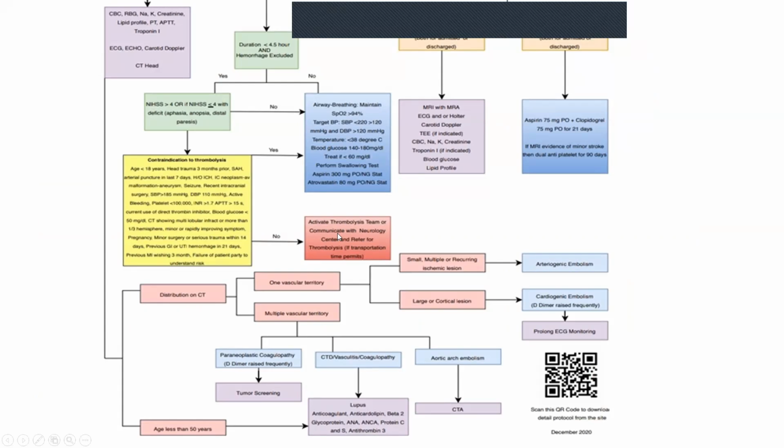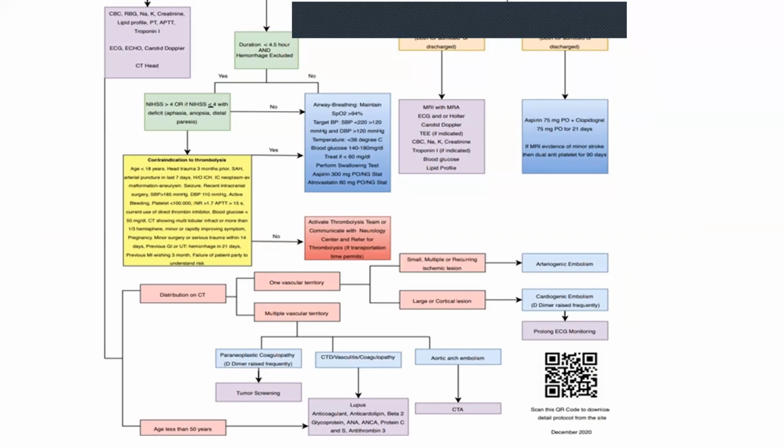If we think it is a stroke, then we can do investigations like CBC, random blood sugar, sodium, potassium, lipid profile, APTT, PT/INR, troponin, ECG, echo, carotid Doppler, and CT scan.